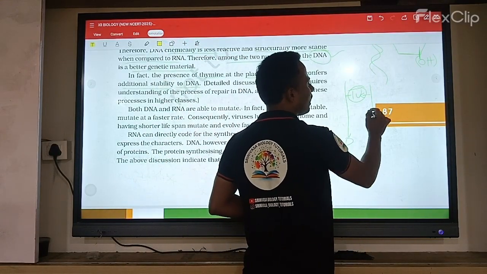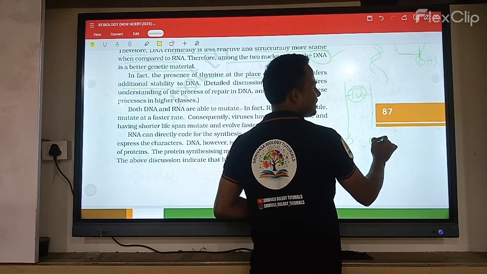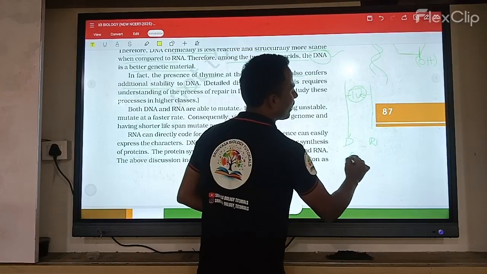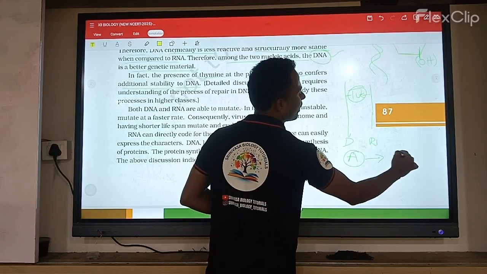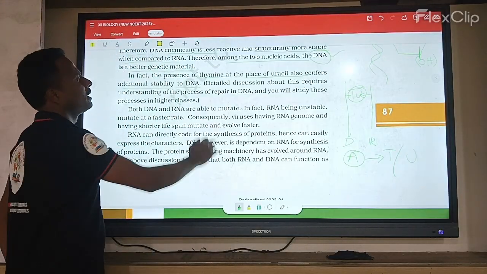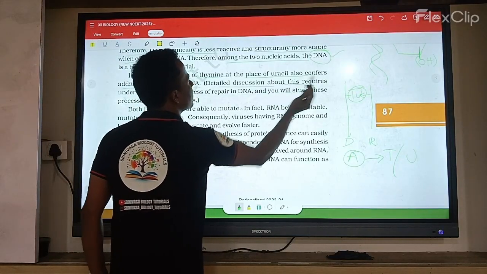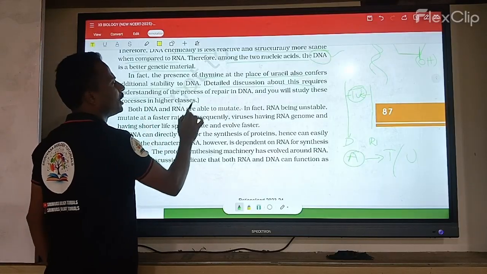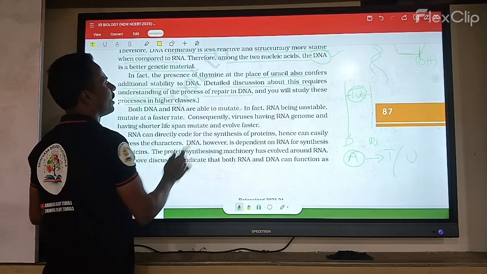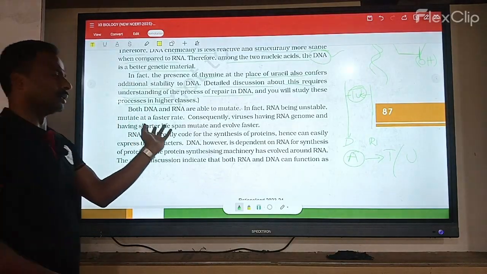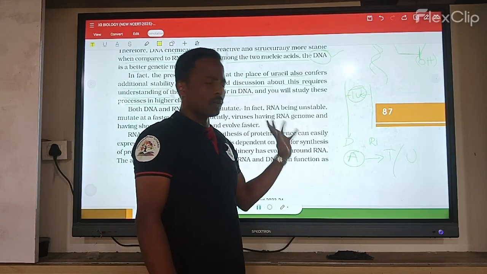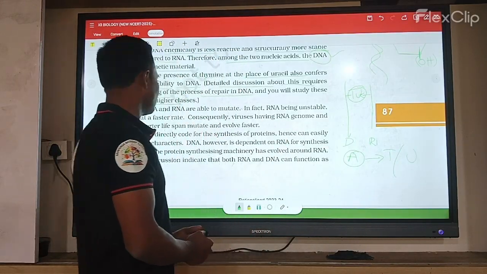DNA has thymine, and RNA has uracil. Instead of using adenine with uracil, here they use thymine. The detailed discussion about adenine and thymine requires an understanding of the process of DNA replication, and you will study this in higher classes. So how DNA binds with uracil, this total information we will discuss in your higher classes.